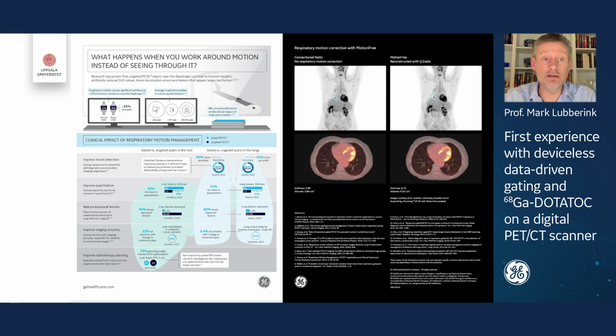And improved staging accuracy, and of course this can benefit radiotherapy planning, because if we use gated treatment, we also want to use a gated PET image to draw our targets on.